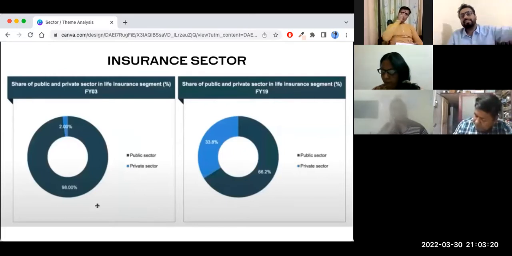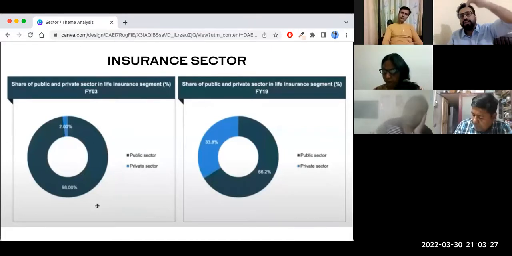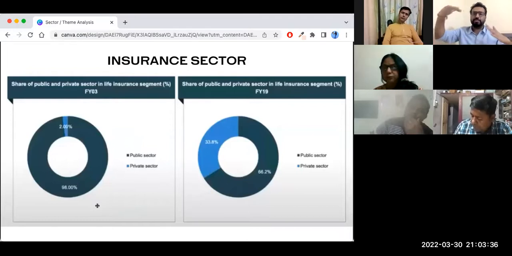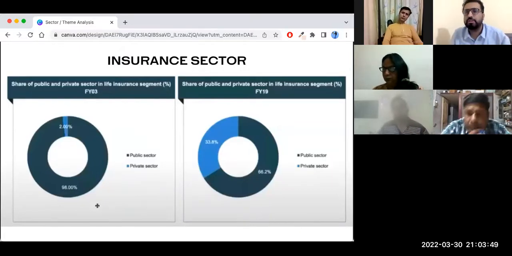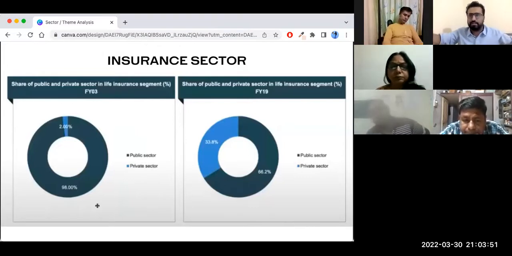In the last 17 to 18 years, private companies have been able to increase their market share from 0% to 33%. LIC is now left with 66%. Now, there is so much talk about the LIC IPO. It is the biggest IPO of all time, etc.